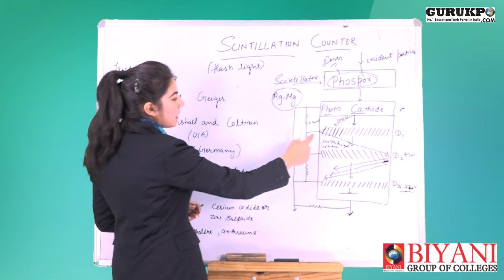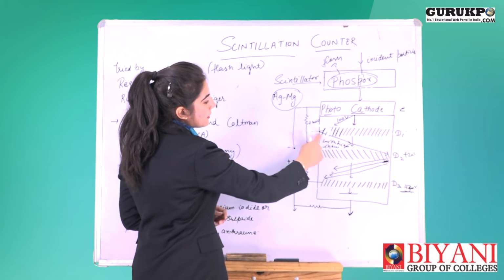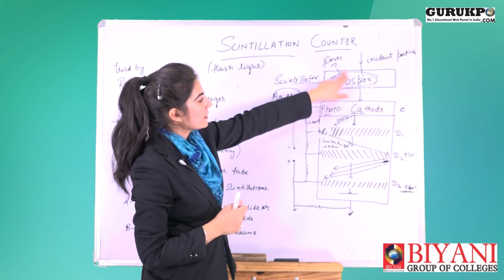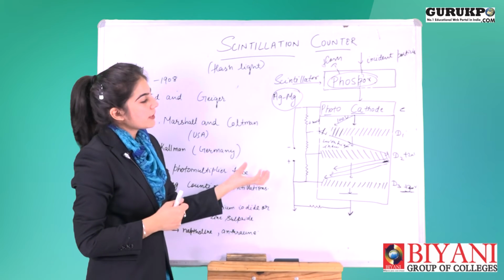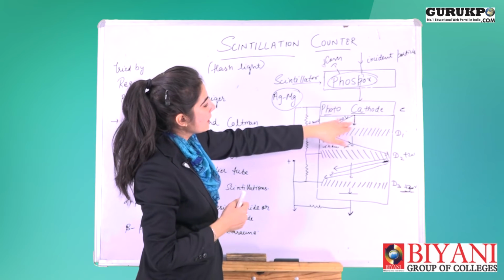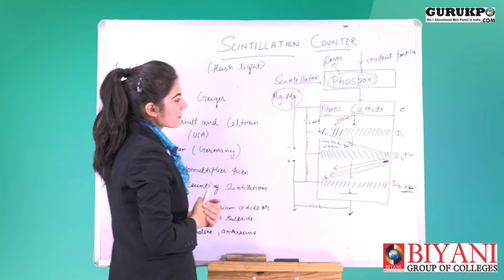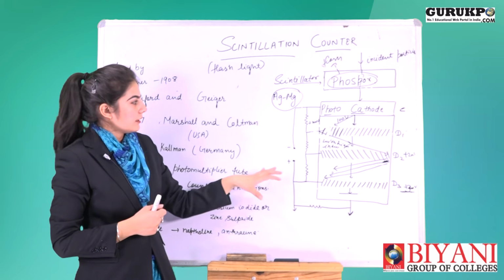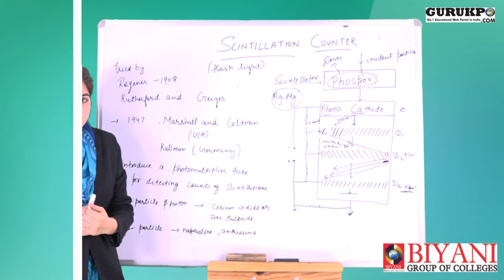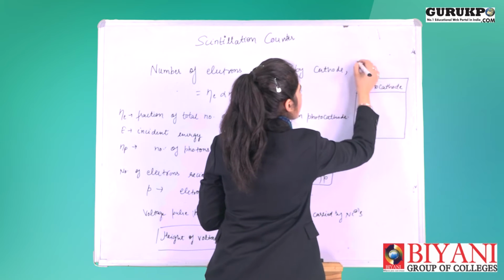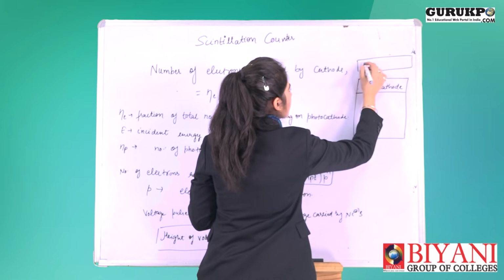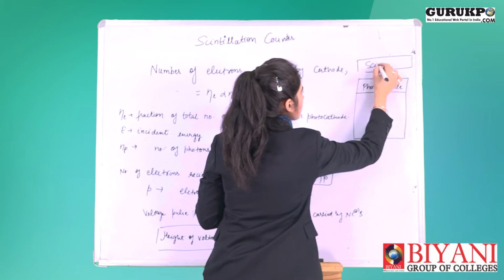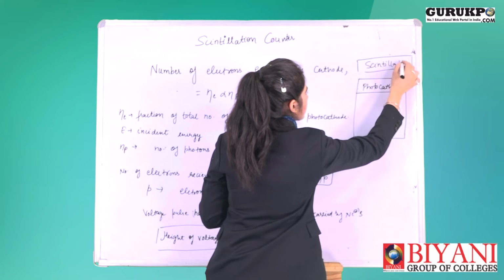How many photons are deflected or reflected is based upon the energy of the incident particle coming to this photocathode. All this is the working and principle of the scintillation counter. This is the photocathode and this is the scintillator.